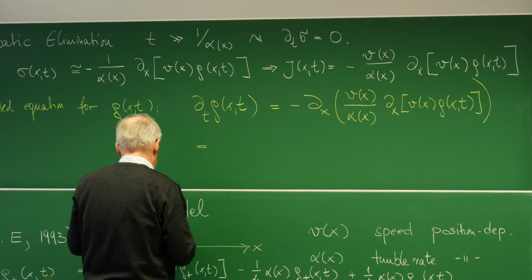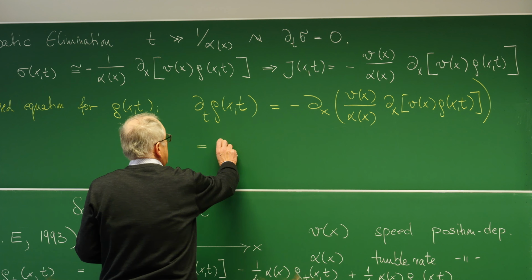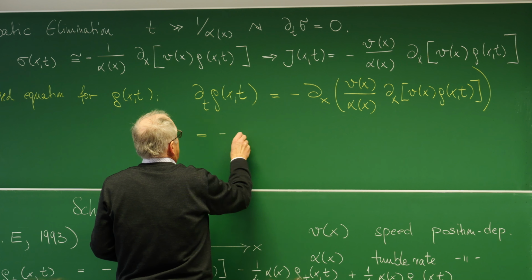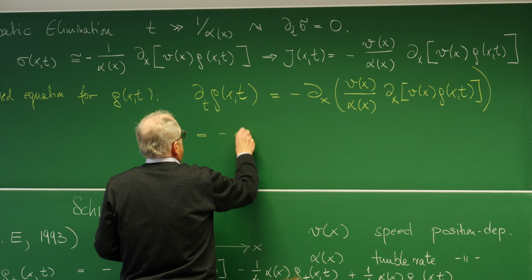what you get from that is an equation that's minus dx of a current, and this current has the structure of an effective diffusion constant times the gradient of rho, where the effective diffusion coefficient from working out these derivatives has the following form.